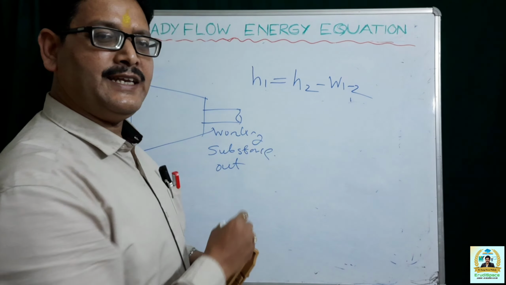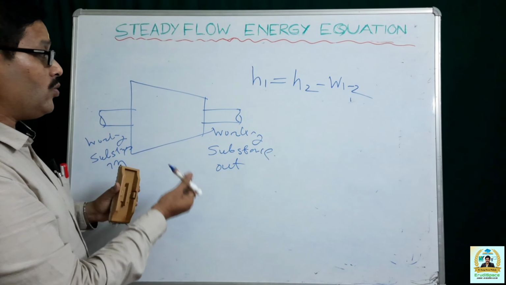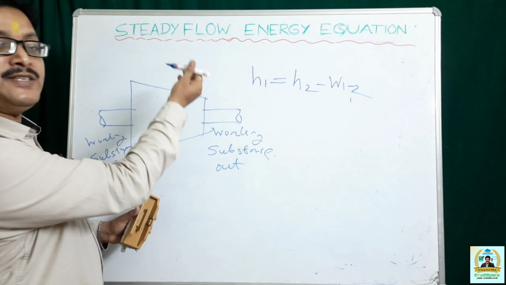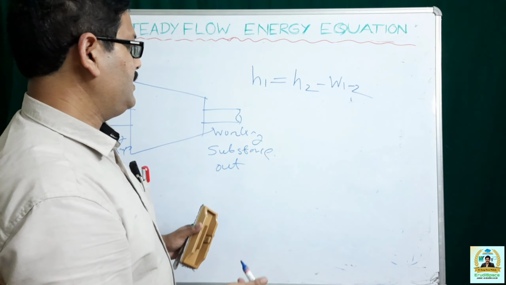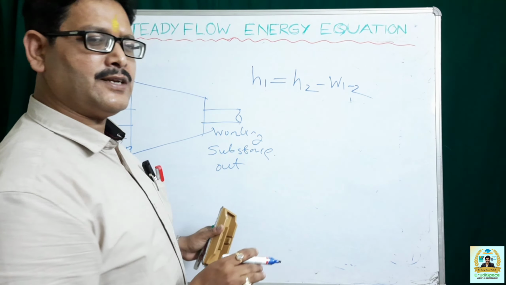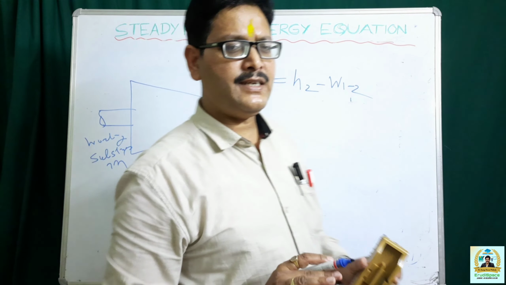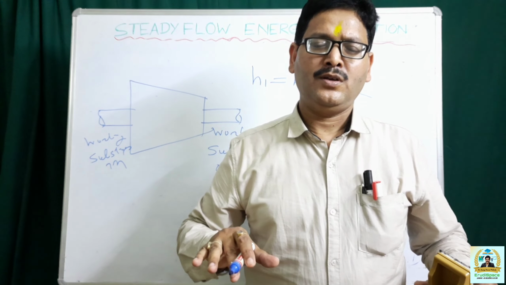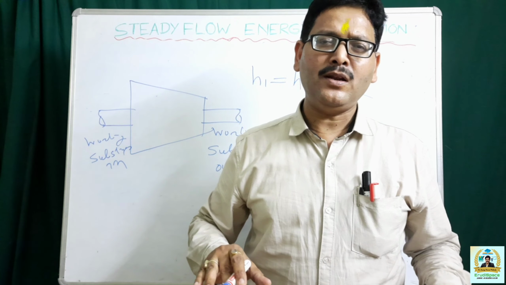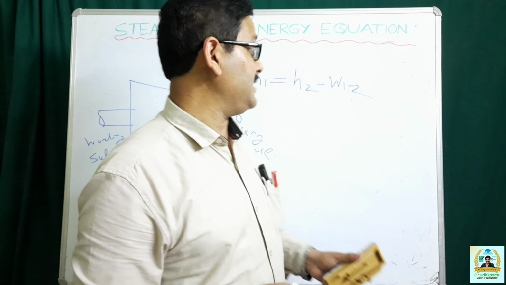Why is the negative sign given? Because work is done upon the system in compressing the working substance, and the basic sign convention is to be followed. The kinetic energy is negligibly small, and if both ends are at the same level, the potential energy can be eliminated.